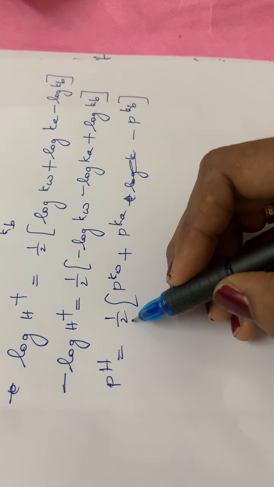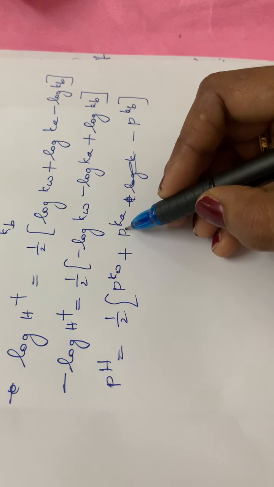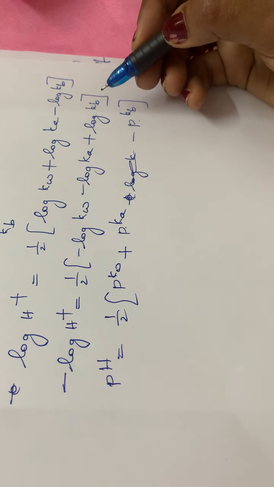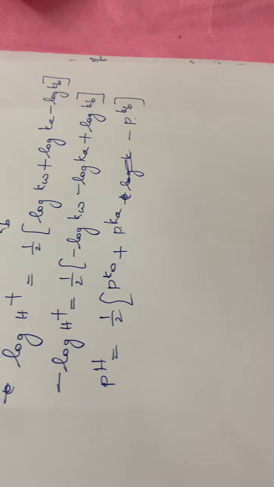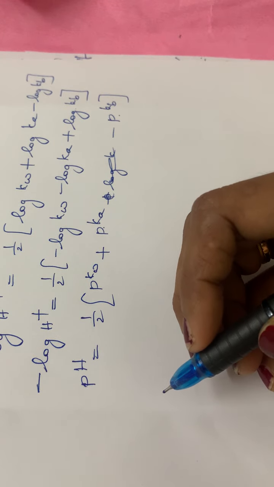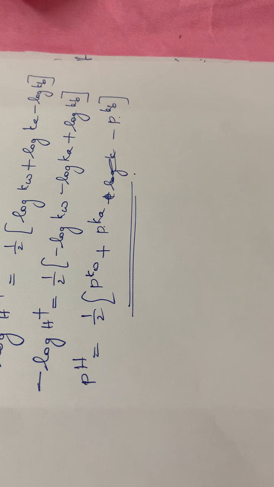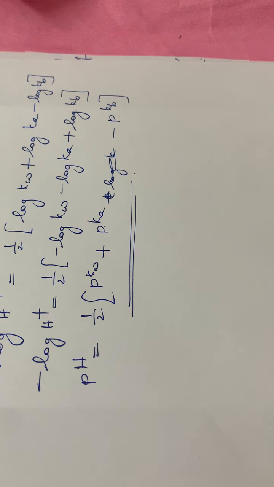So pH is equal to half into pKw plus pKa minus pKb. So this is the formula for finding out the pH for the hydrolysis of the salt of weak acid and weak base.